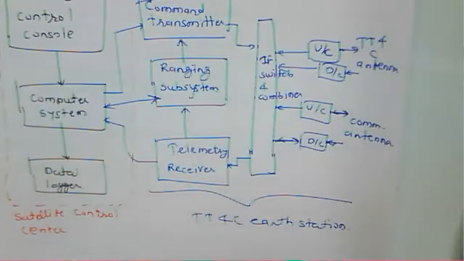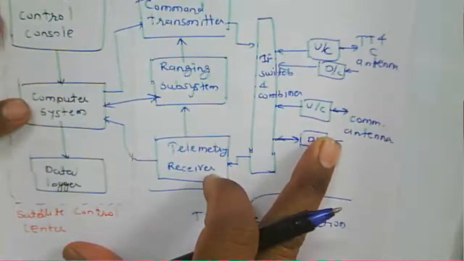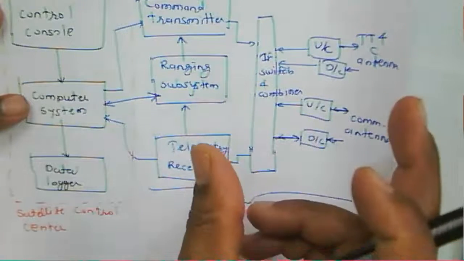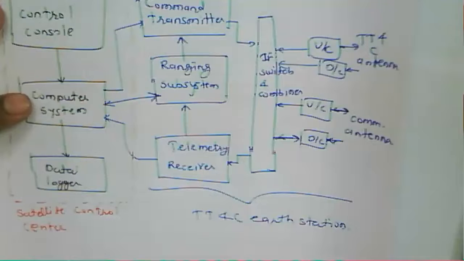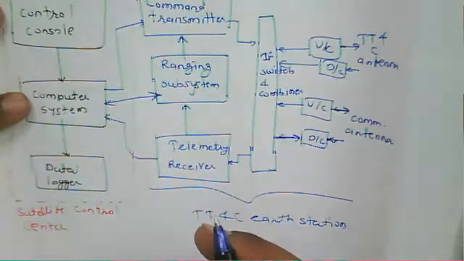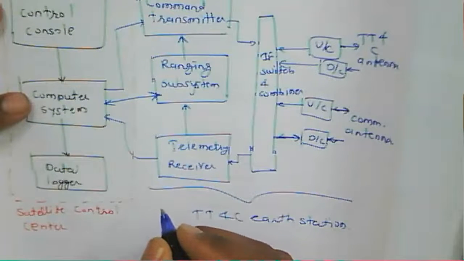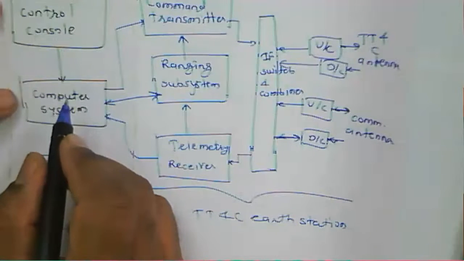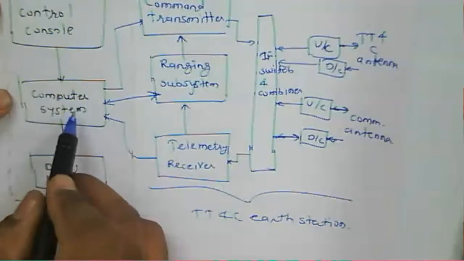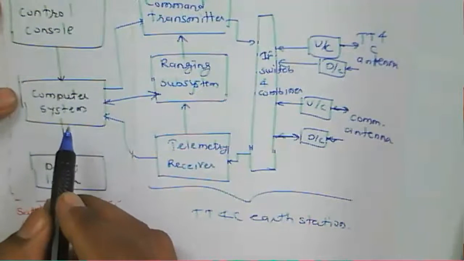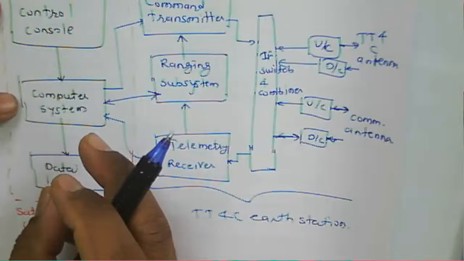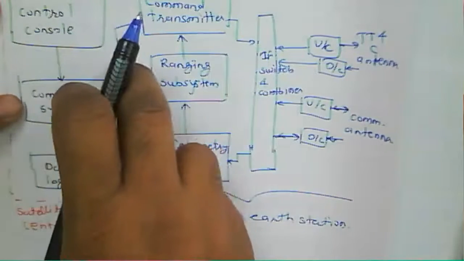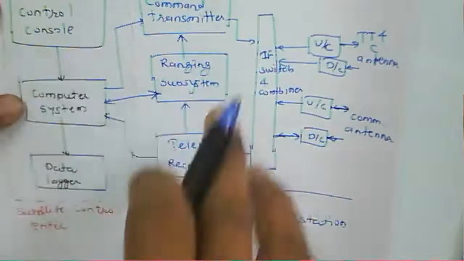We can use this telemetry data for information on the satellite components or subsystem components. That received telemetry data is decoded and processed by the computer system here, and according to that, a data log is generated. So that is useful for the necessary actions.